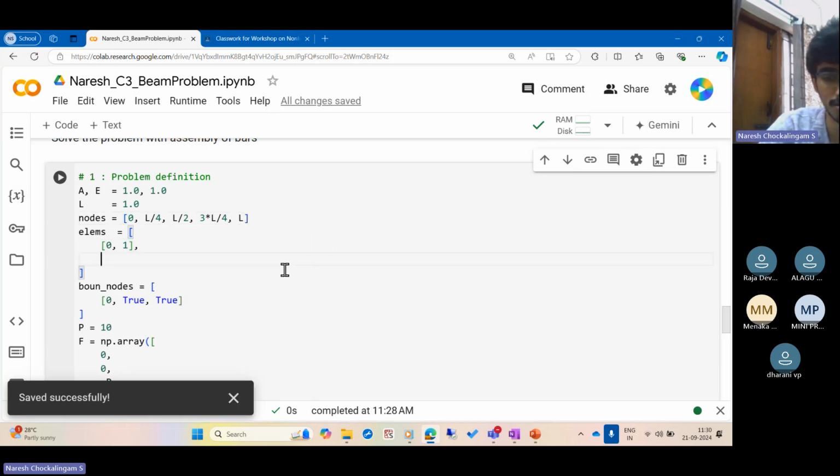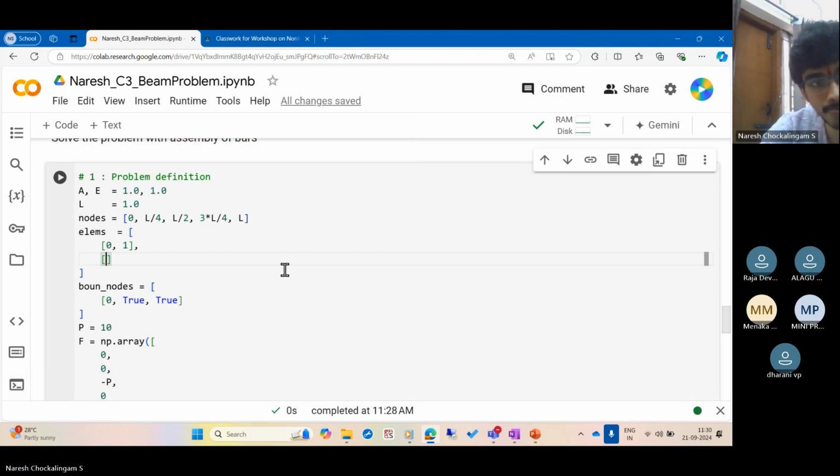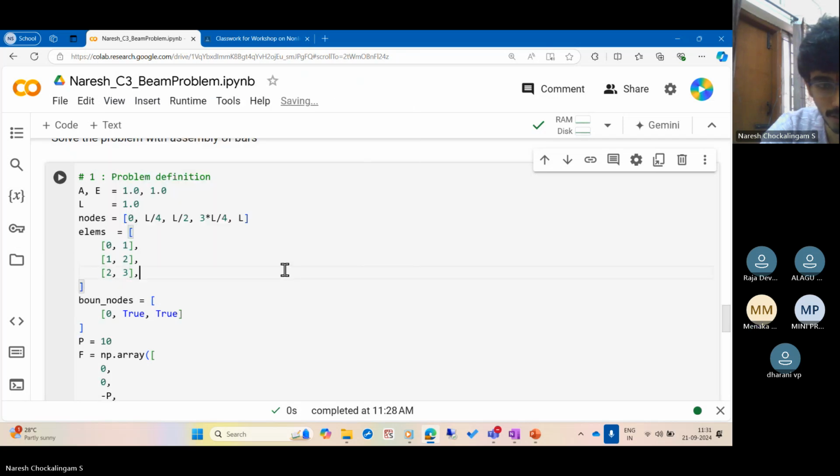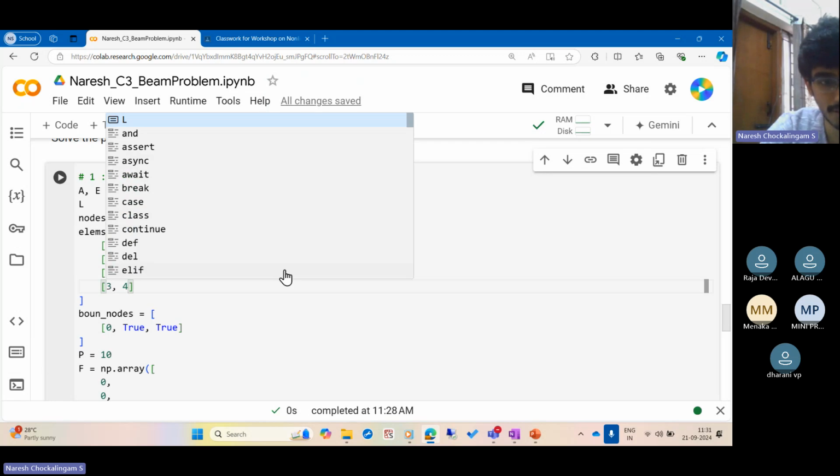We have 5 nodes. First element connects 0, 1, then 1, 2, 2, 3, 3, 4. So these are the 4 elements.